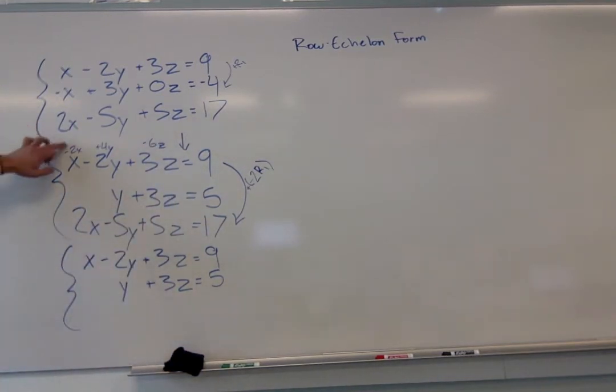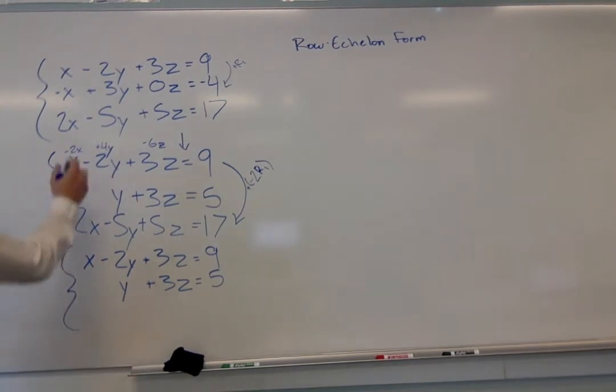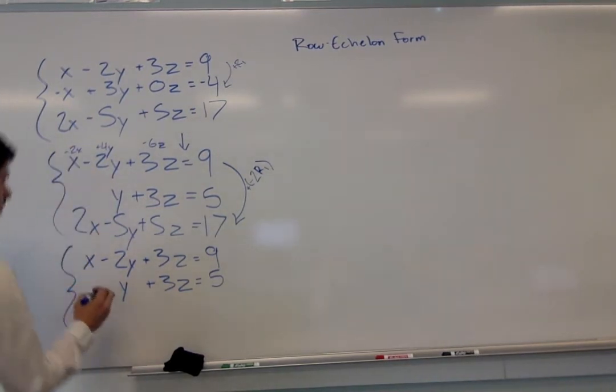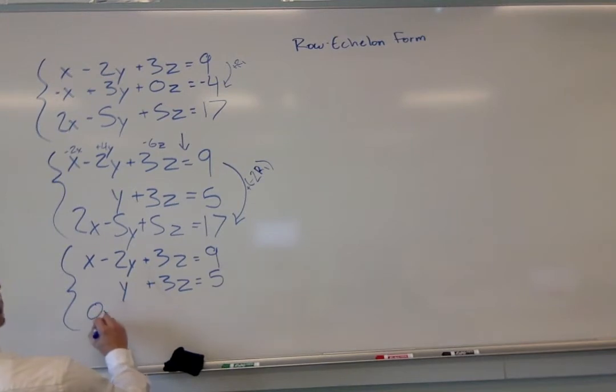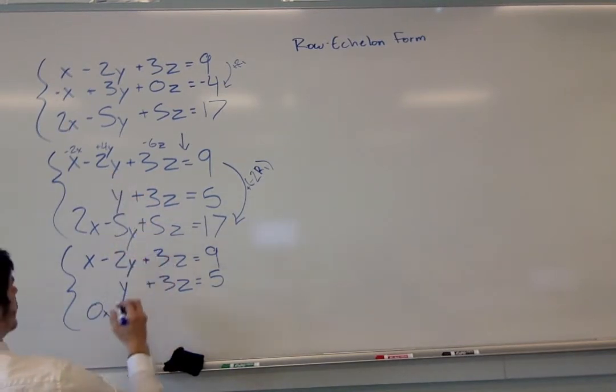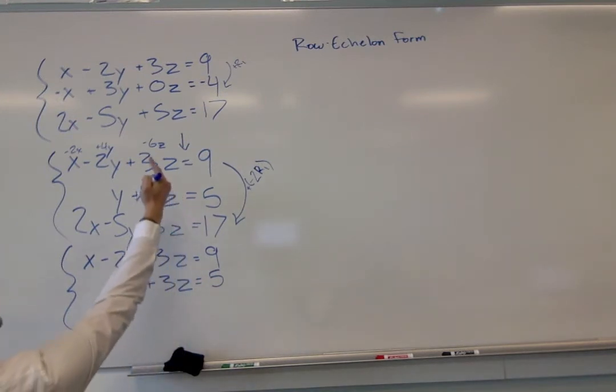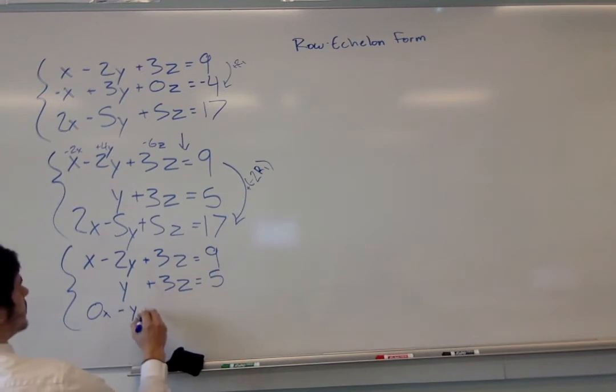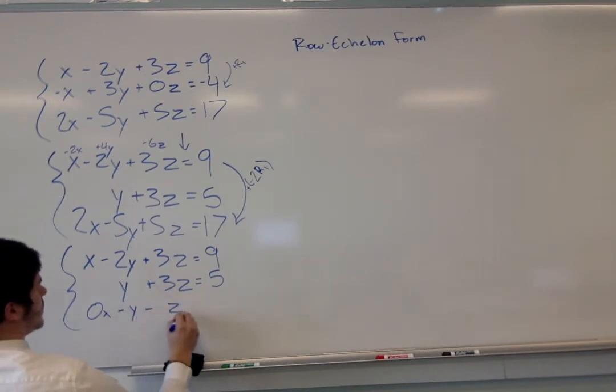And so now we're going to add these to the bottom equation here. So negative 2x plus 2x is going to be 0x. 4y minus 5y is going to be negative y. And then negative 6z plus 5z is going to be negative z.